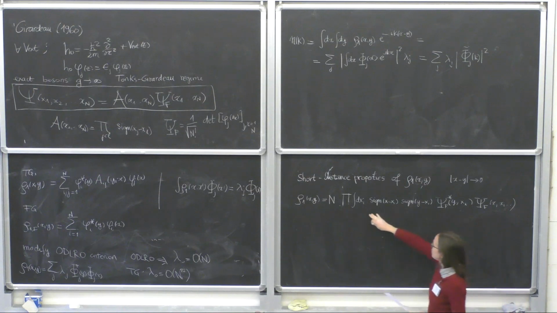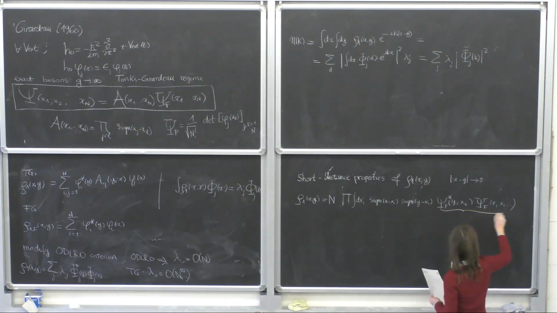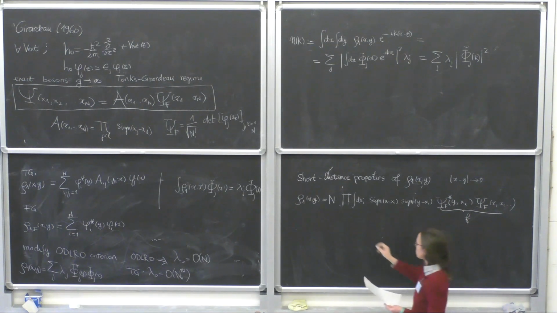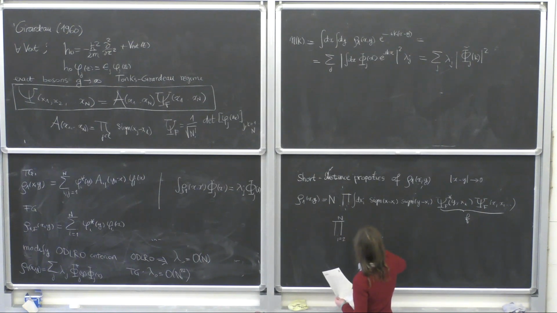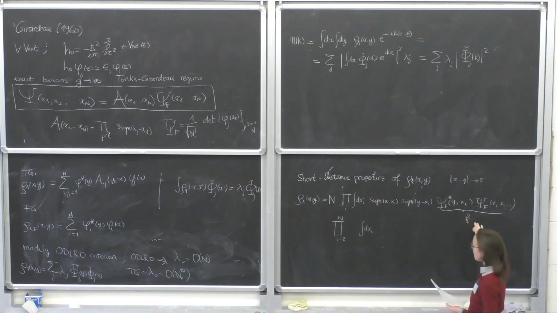Now you can view this, if we call this function f, as the product over i to n of the integral in the xi, which is the same function that we saw before, 2 sines times something.